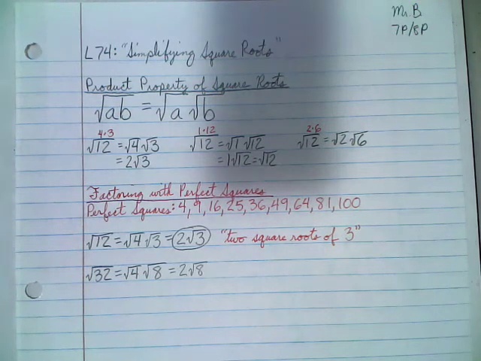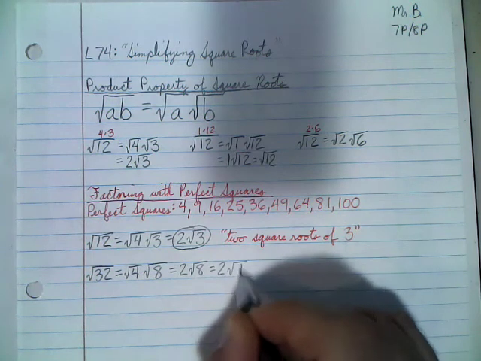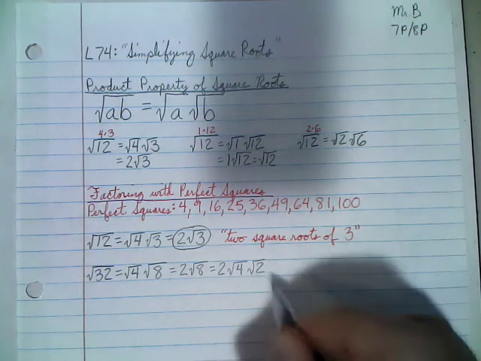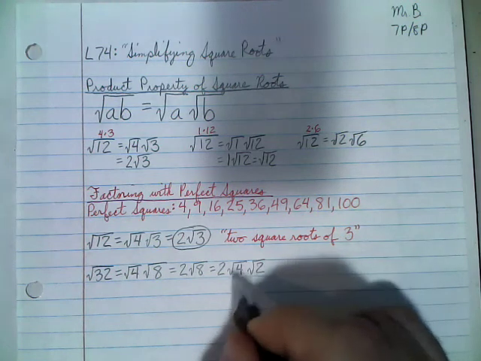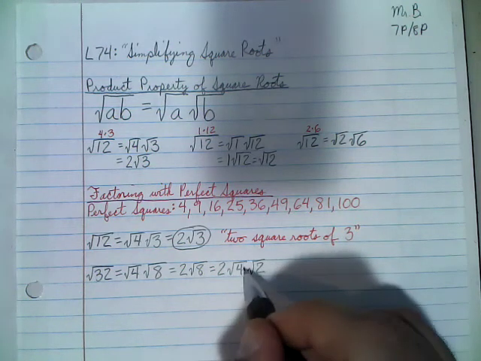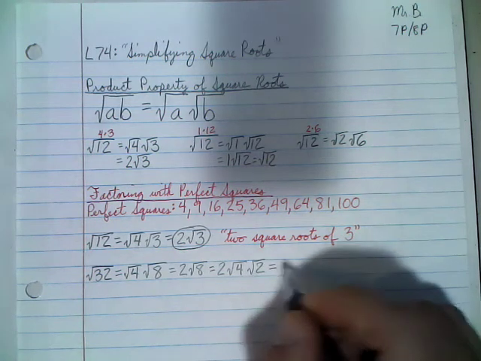So is there another perfect square that can go into 8? Well, obviously there is. 4 will go into it again. 4 times 2 is 8 though. So square root of 4 times square root of 2 would give me back my square root of 8. So now I have 2 square roots of 4, square root of 2. Well, simplify this further.